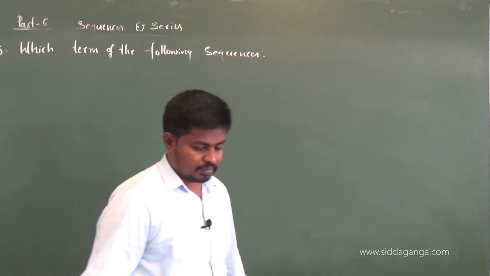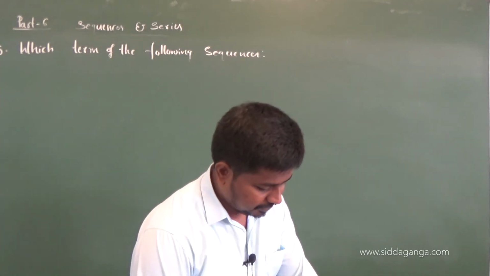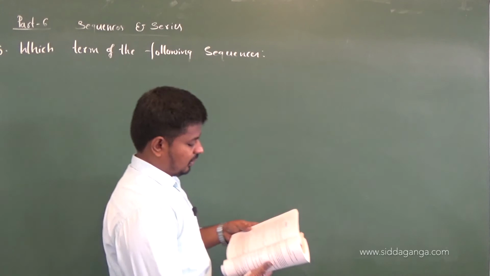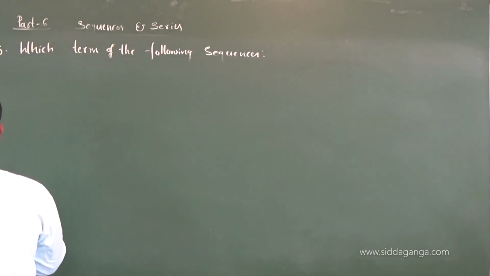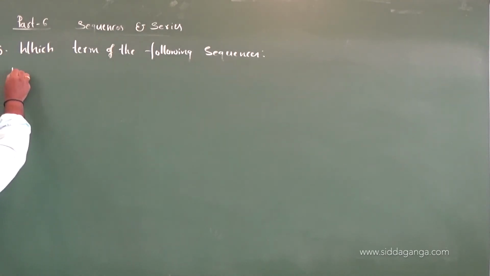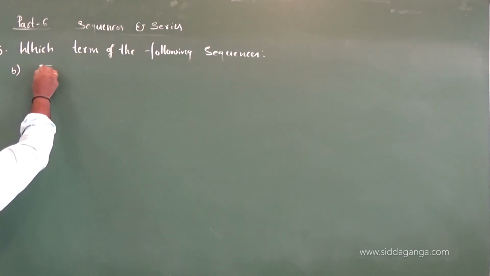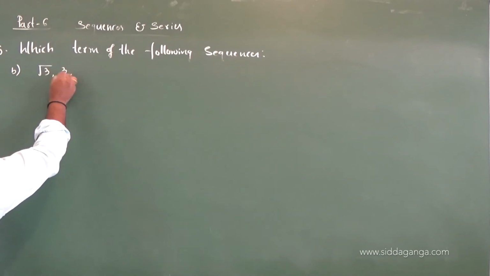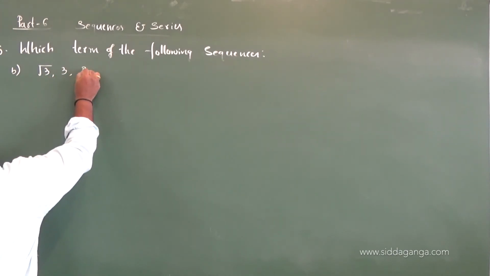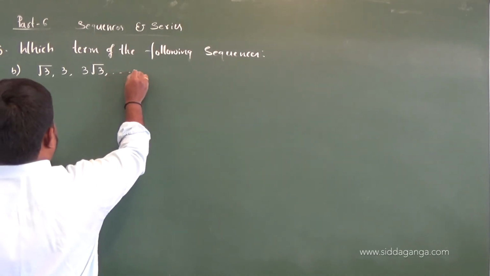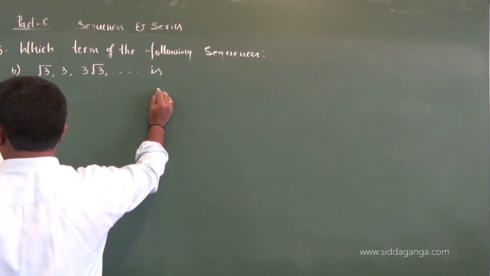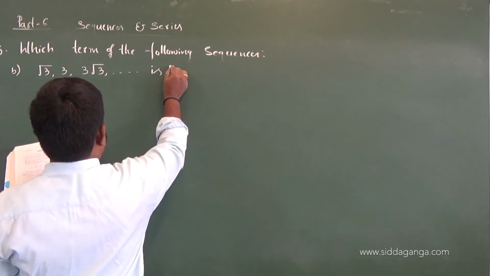Okay, let us move on to the second sub-question. Which term of the sequence root 3, 3, 3 root 3 and so on is 729?